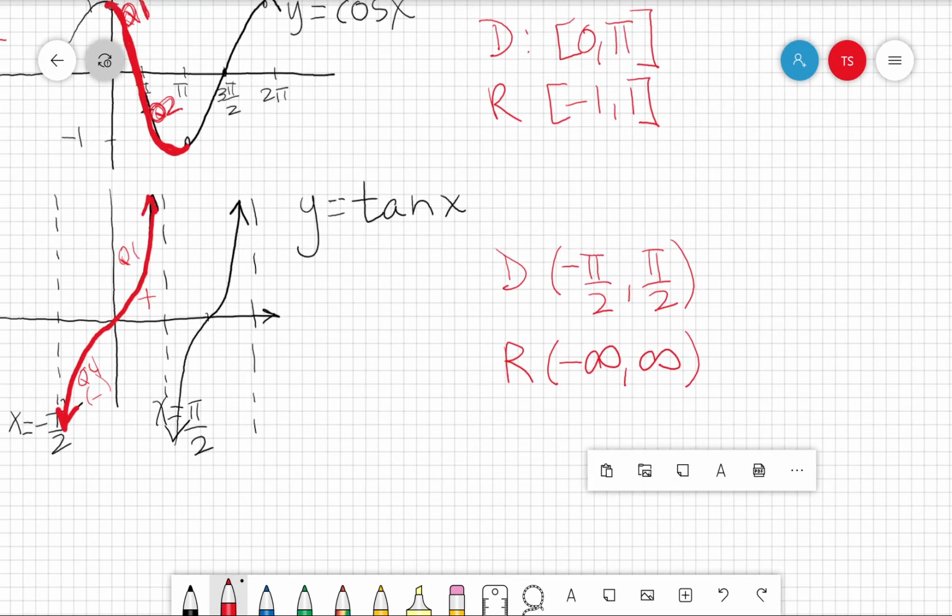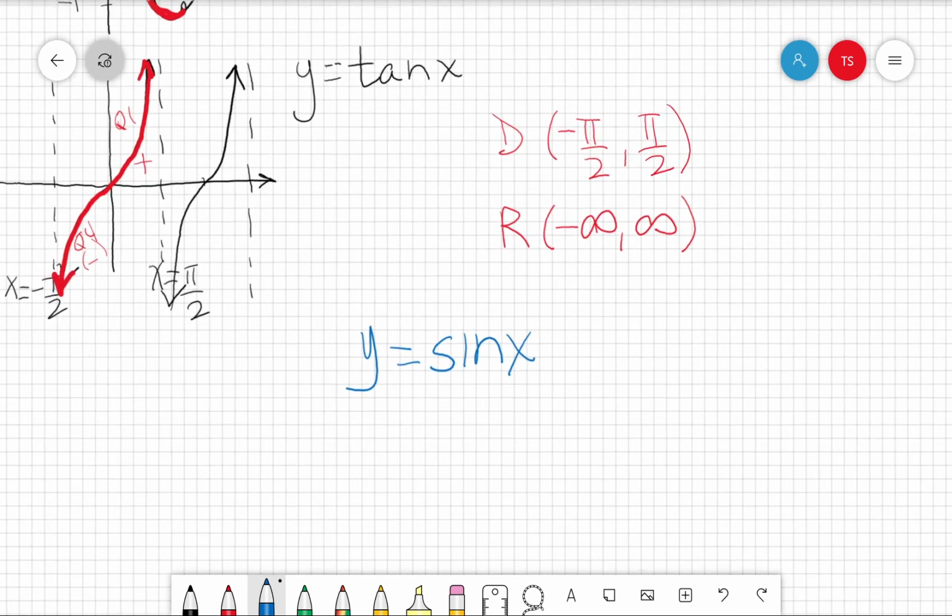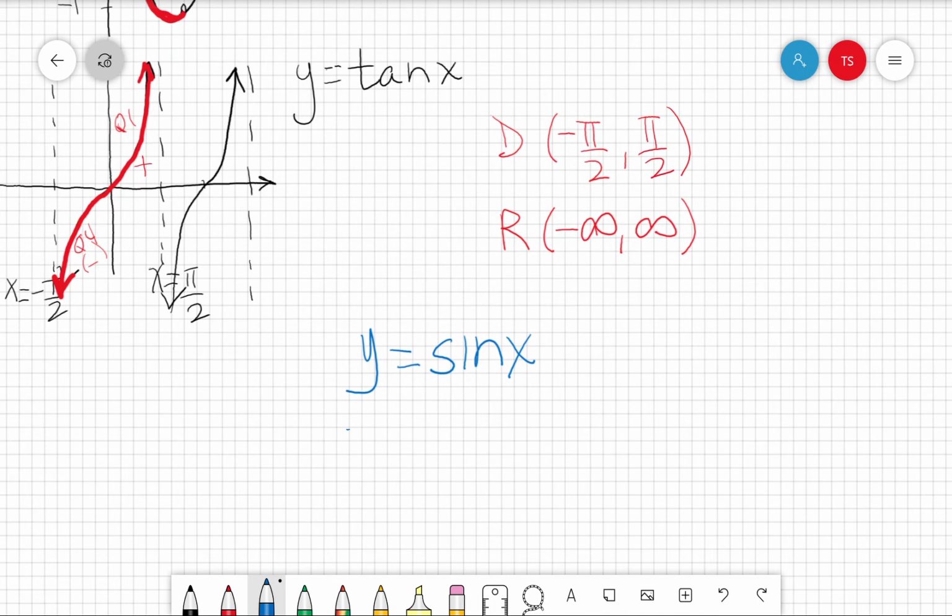So if we think about the function y is equal to sine x, to find the inverse, we're going to switch our x and y. So we're going to say x is equal to sine of y.